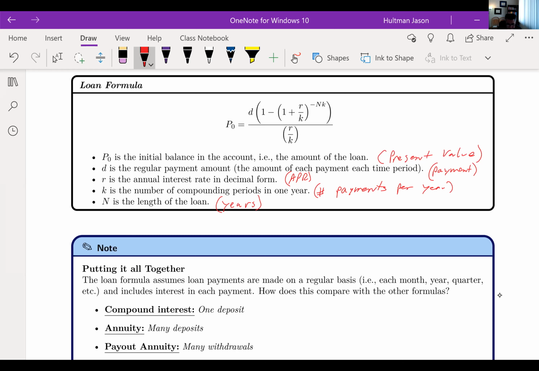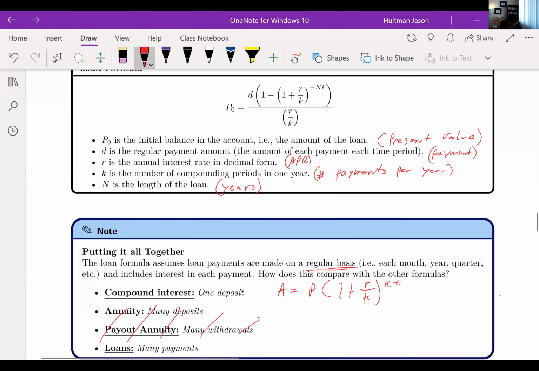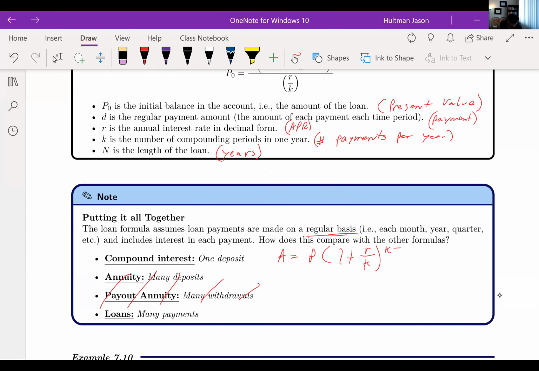So the loan formula assumes loan payments are made on a regular basis, each month, year, quarter, etc., and includes interest in each payment. How does this compare with the other formulas? Compound interest, one deposit. Remember the compound interest formula, A equals P times 1 plus R over K, to the KT, or K times N. We'll do NK.